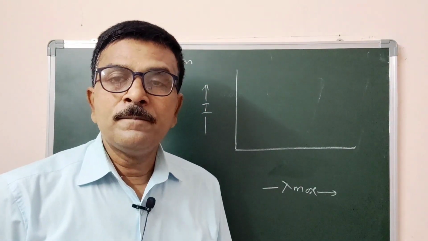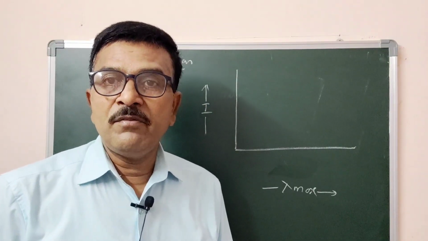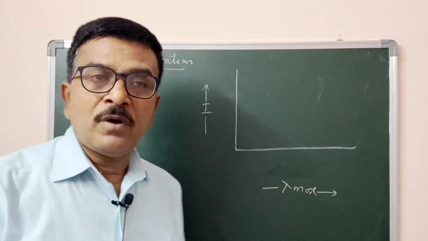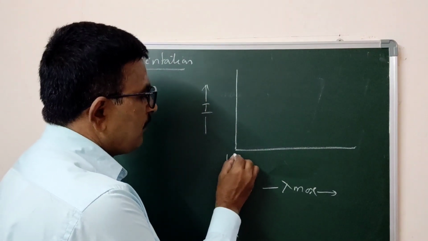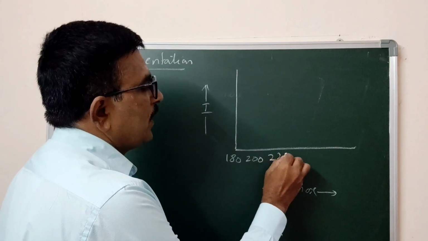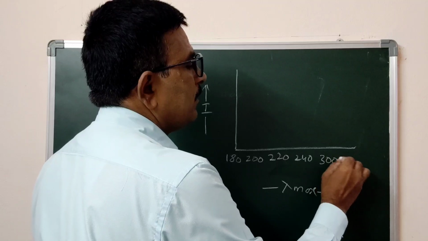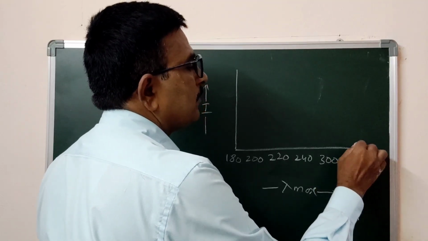It is plotted starting from lower wavelength to higher wavelength, from left to right, say 180, 200, 220, 240, 300, 400, like this.